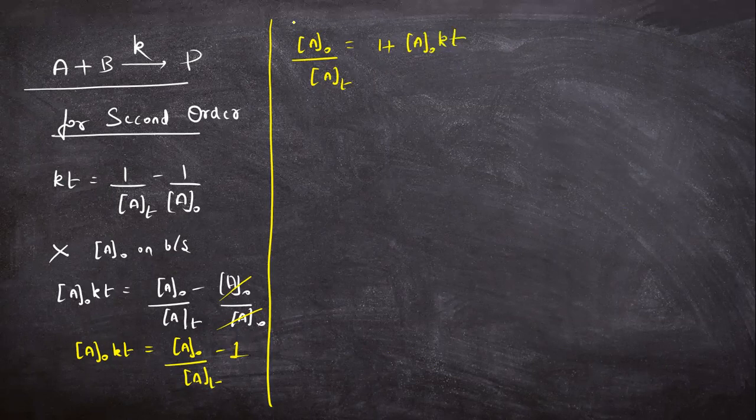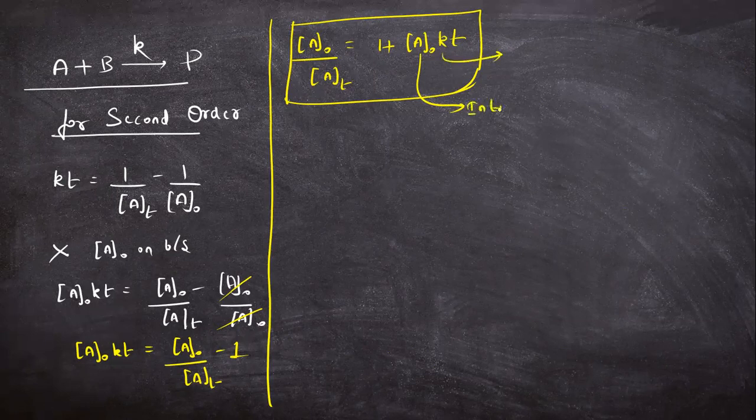So this is the equation we can use when the initial concentration, rate constant and the time taken are given.